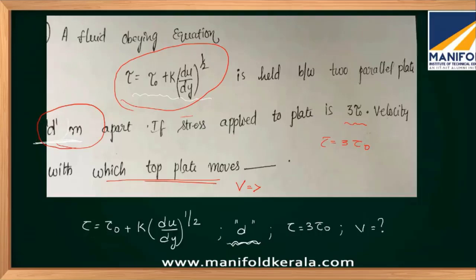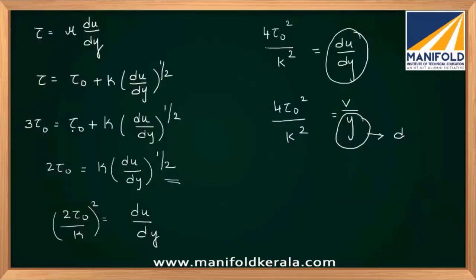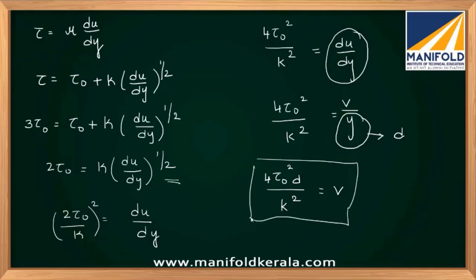So when it goes up, it will be 4 tau naught square d by k square, that is equal to v. The velocity with which the plate is moving will be 4 tau naught square d by k square. This is the final result for the question he has asked.